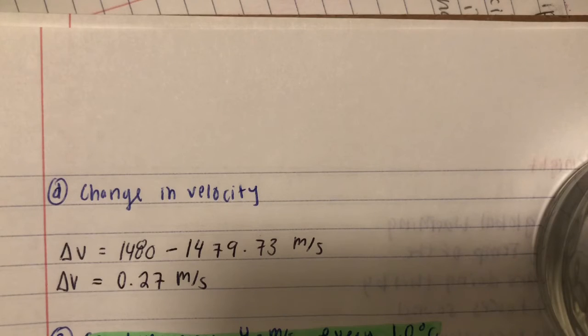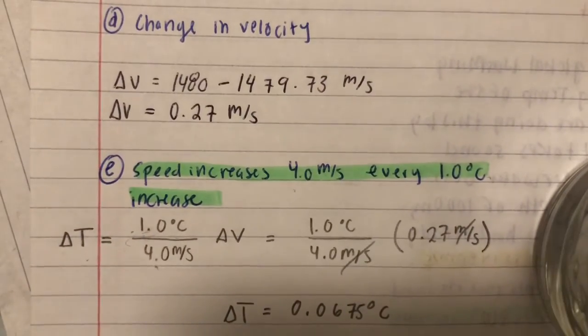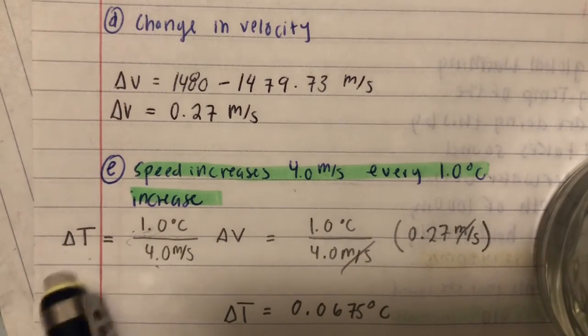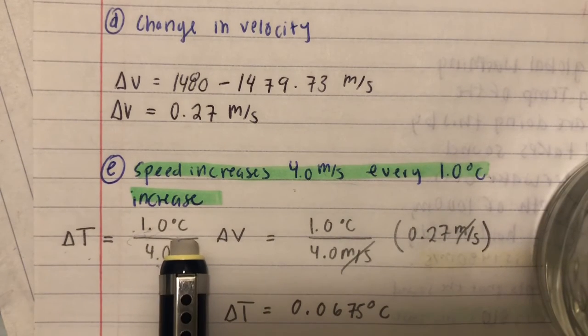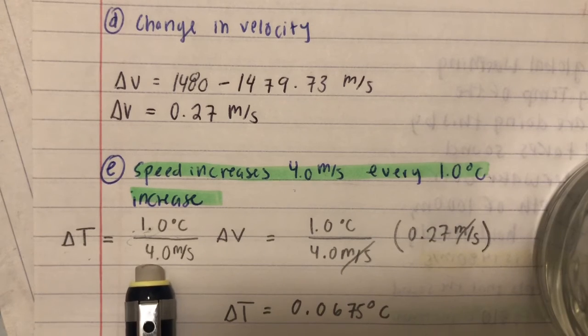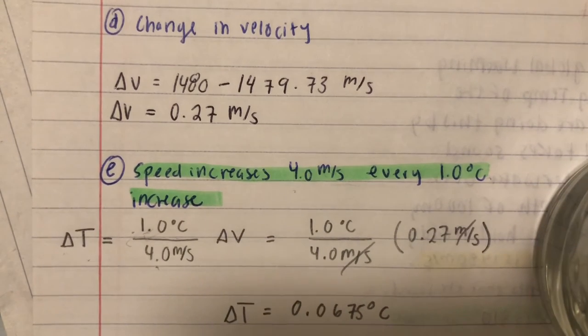The relationship between the two is the speed increase of 4 meters per second for every 1 degree Celsius. So we're going to relate this by the change in temperature equals 1 degree Celsius divided by 4 meters per second times the change in velocity.